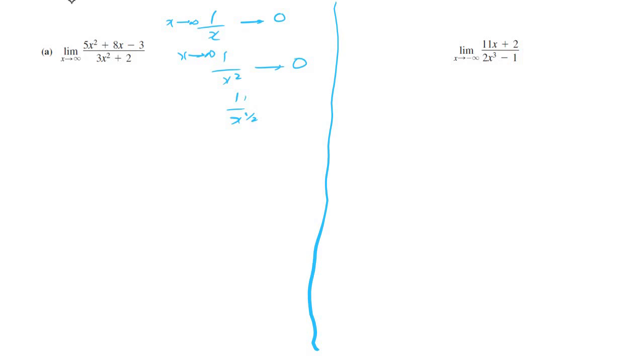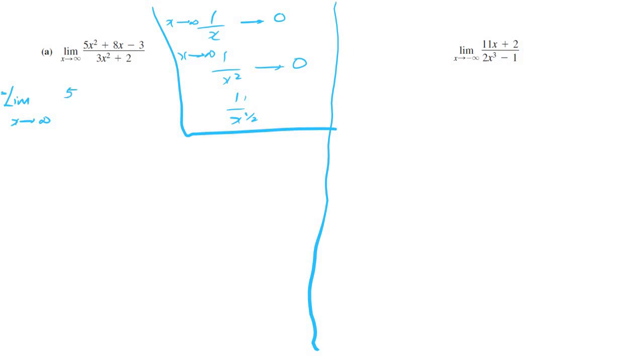Okay. So what we need to do is use this function and convert it into fractions of x, where x is in the denominator. So what we'll do here is divide it by the highest power of x. So we write it down, limit, this is equal to limit as x tends to infinity, and we divide it by x squared.